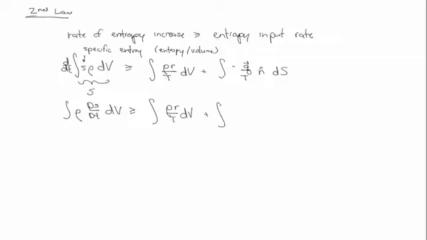And then the second one, we'll use the divergence theorem to convert that from a surface integral to a volume integral. Right? And so for this to hold over any arbitrary dV, then we have this.